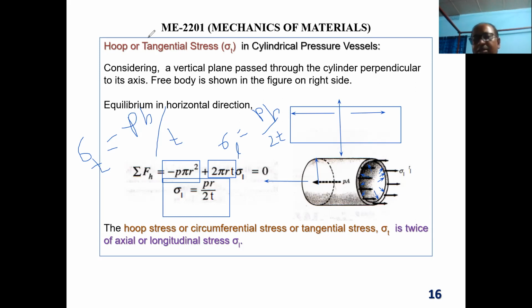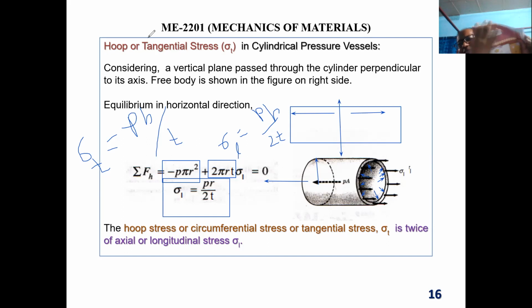Now, if I try to show you how sigma L is resisted, say I make the pressure vessel with a node, okay, cylinder. So sigma L is working along this direction. If you just take this area, what will this area cut? There will be this length, right? Kind of a rectangle with the thickness, you see.